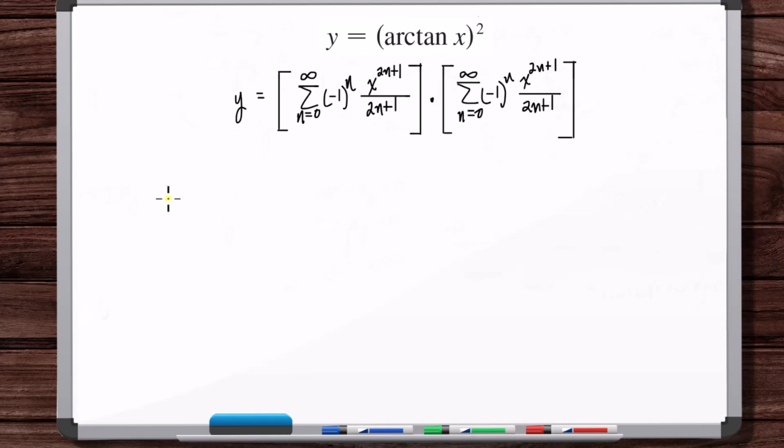So y, which is arctangent of x squared, is equal to, when n is equal to 0, you've got x to the first over 1.